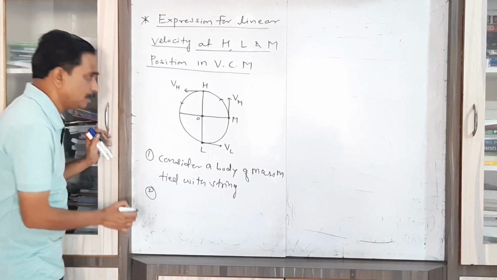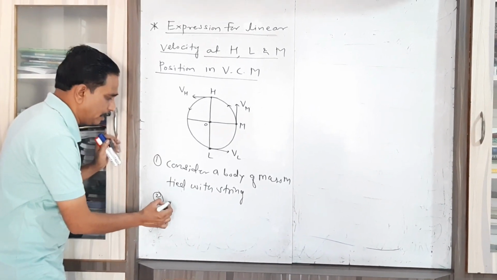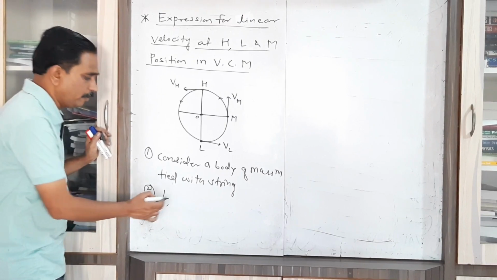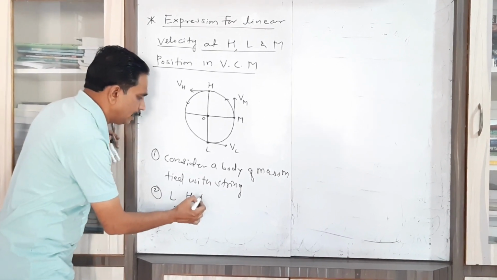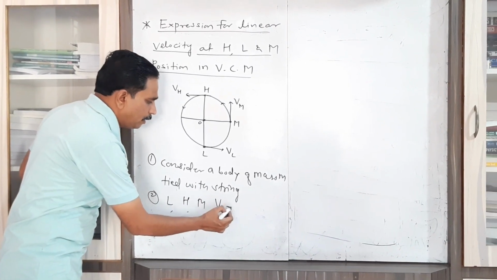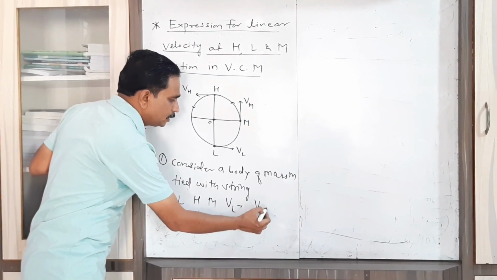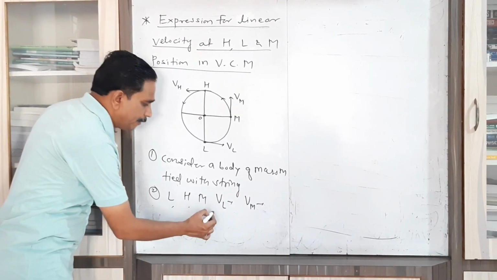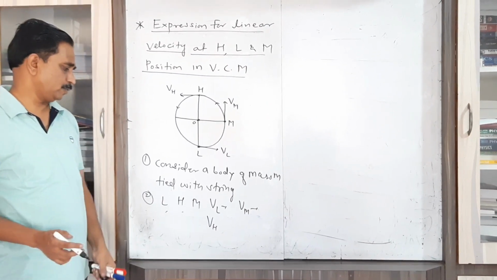Then you have to consider the various positions where we have to find the linear velocity. Let L be the lowest position, H be the highest position, M be the middle position, VL be the velocity at the lowest position, Vm be the velocity at the middle position, and Vh be the velocity at the highest position.